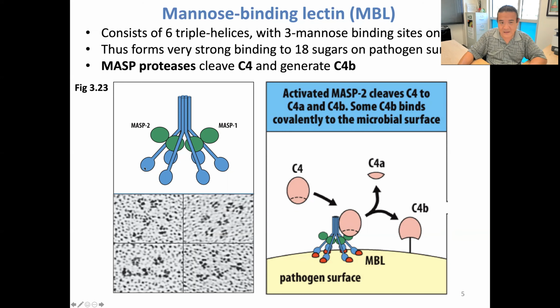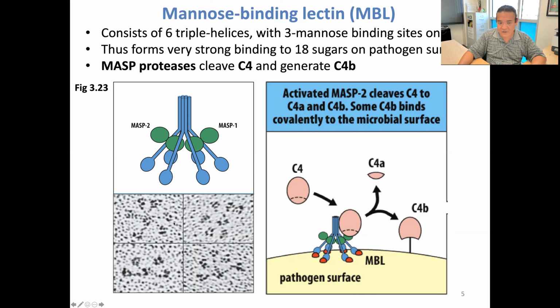And these 6 triple helices combined together form what looks like an upside-down flower bouquet. Within these strands, these MASP proteins, like MASP1 and MASP2 in green, are the right shape to fit in the Mannose-binding lectin.